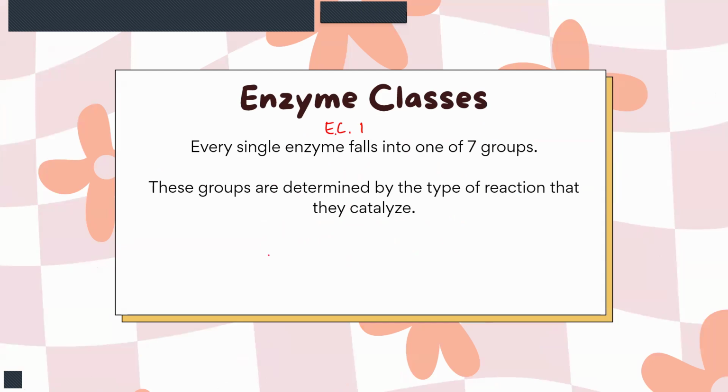Every single enzyme is grouped in this fashion with the first number characterizing the general class, and then the second, the third, and the fourth indicating the specific enzyme.